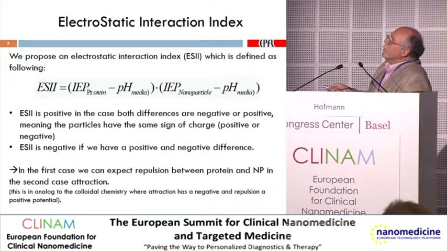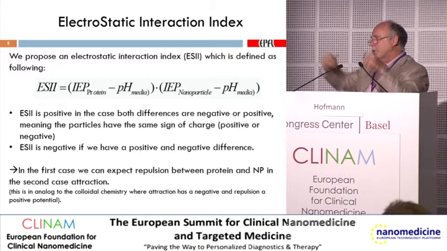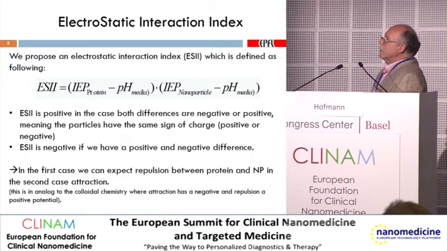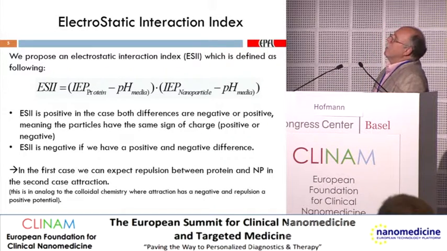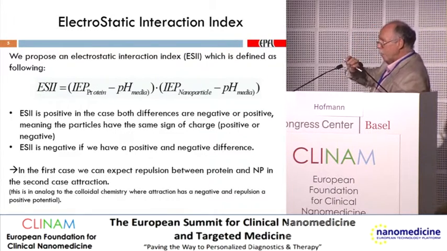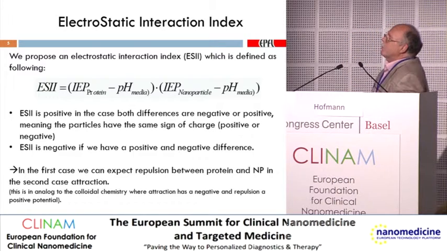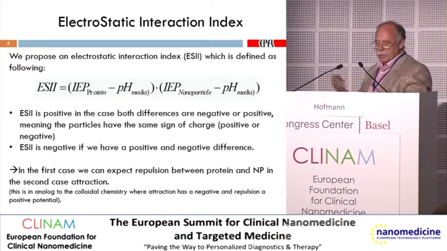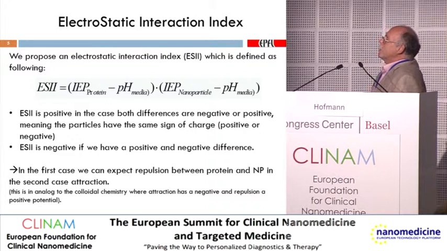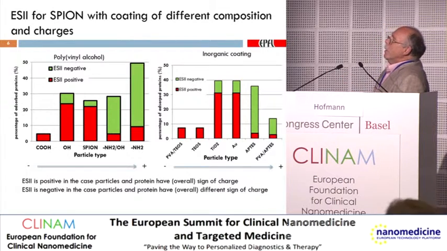And if you can define then, let me say, an interaction index, which gives very roughly an idea if you have attraction or repulsion overall between the proteins and the particle. So if this value is, for example, positive, this means both have the same charge, and if this value is negative, then we have different charge. This comes from colloidal chemistry, the definition of negative and positive. And this is the result.